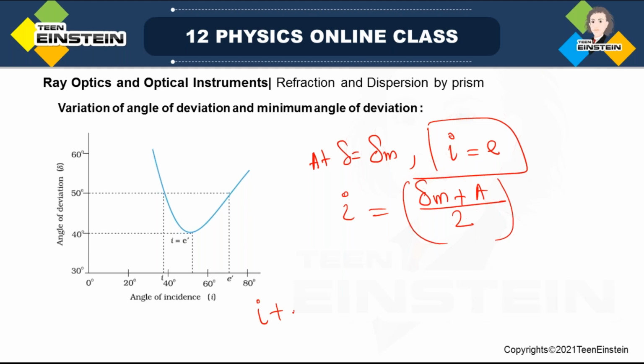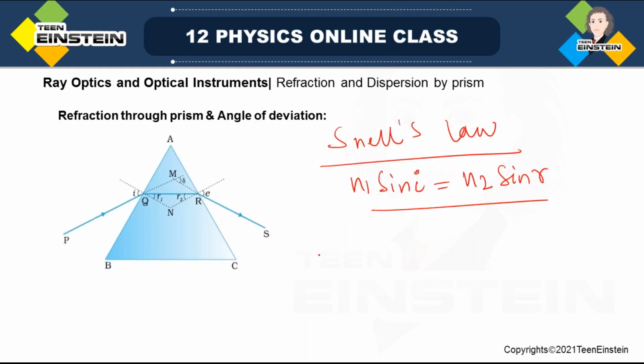From I plus E minus A is equal to delta minimum, you will get this relation. Suppose the refractive index of the air medium is n; n1 sine I is sine of delta minimum plus A, whole divided by 2.